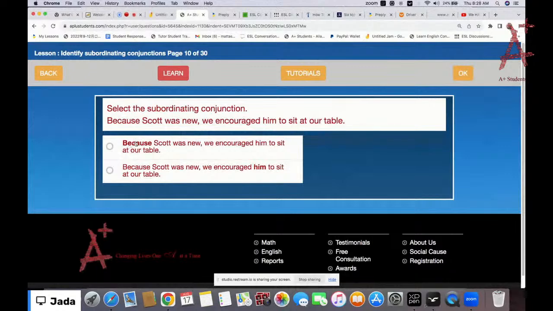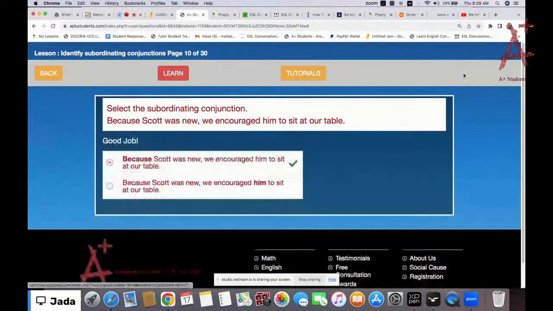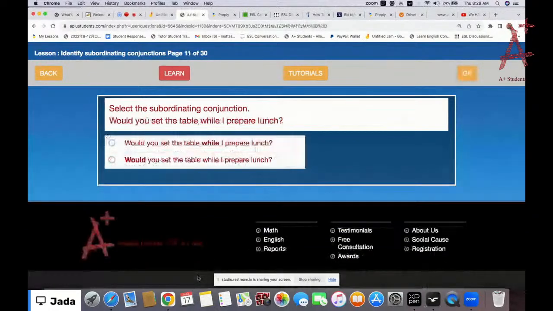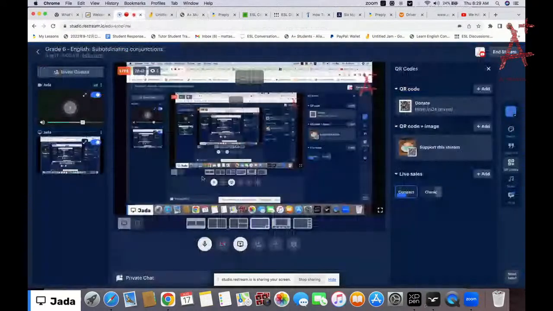Okay, for this one you have 10, and it's very easy, so you can try to finish up this lesson. Okay, so before we end, we'll just do a little activity. Please try to engage in the chat so that I know that you understand and you're listening to me.